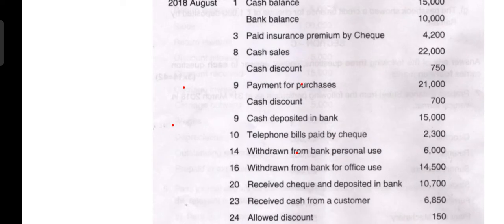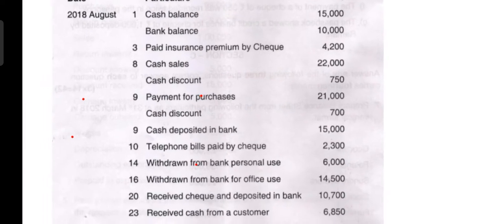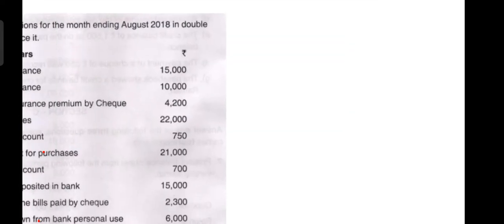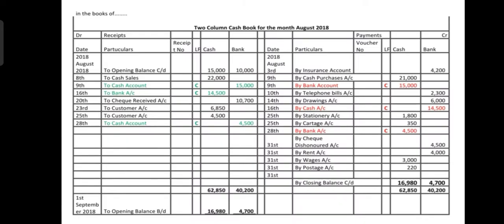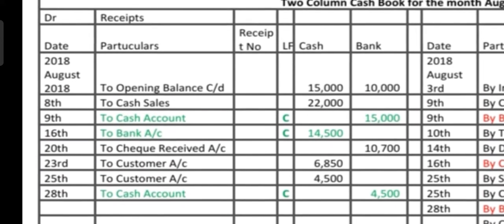Here, discount at the time of sales should not be considered in the books of accounts. That's why total cash sales of 22,000 we recorded under the receipt side.